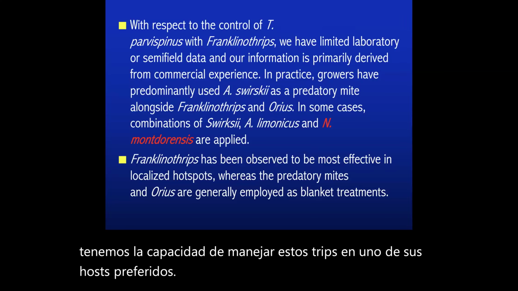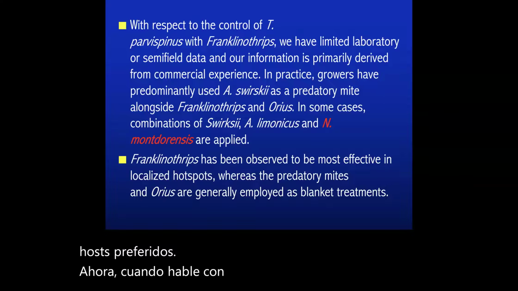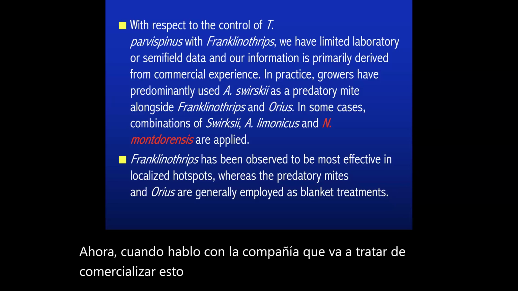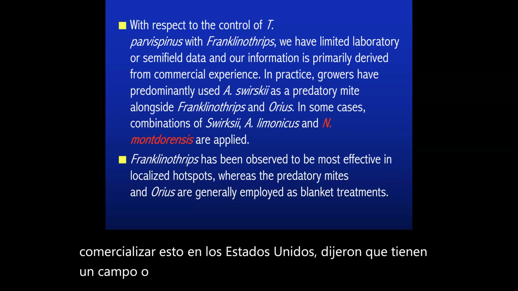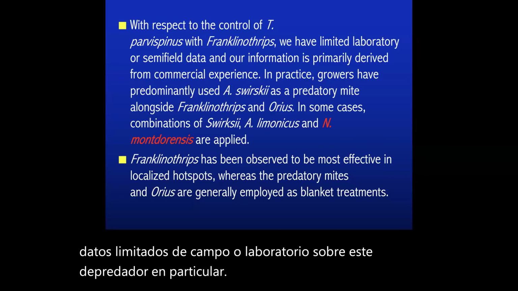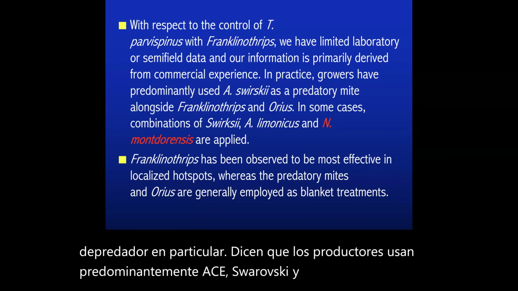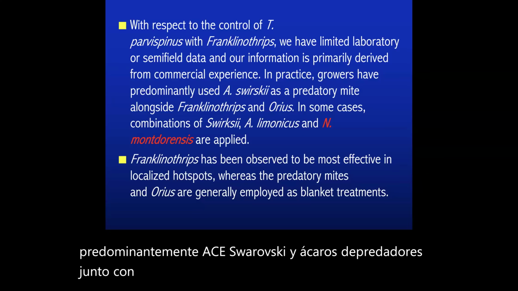Now, in talking to the company that's trying to market this in the United States, they said they have limited field or laboratory data on this particular predator. They say the growers predominantly use A. swirskii and the predatory mite alongside Franklinothrips and Aureus, and in some cases they'll use Lamonicus as well.